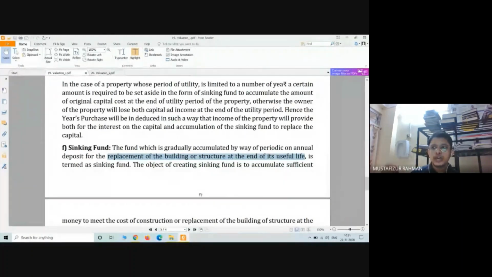We will also lose the income, because the building or structure was generating revenue by rent, by services, etc. So I'm losing everything, right? Therefore, I keep the sinking fund, so that at the end of the life of the building I have money with which I can replace the original structure.